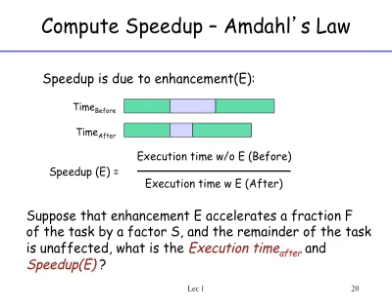Okay, let me reiterate this question. This time is what we have before. This time is what we have after. This question is to say that this enhancement accelerates a fraction f of the task.